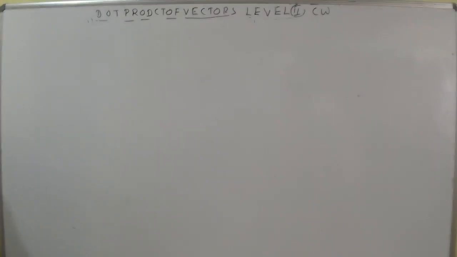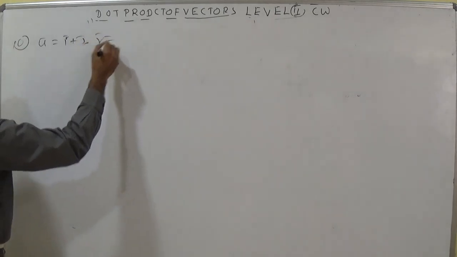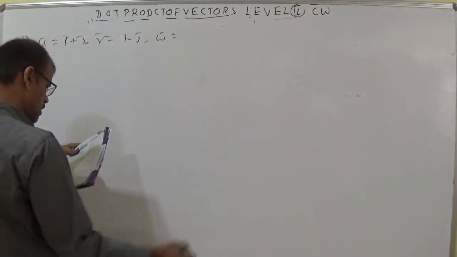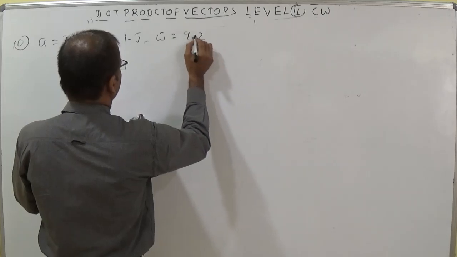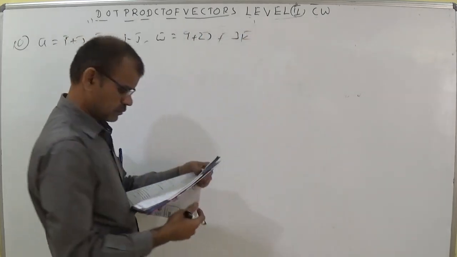U bar is equal to I bar plus j bar. V bar is equal to I minus j. W is equal to I plus 2j plus 3k.